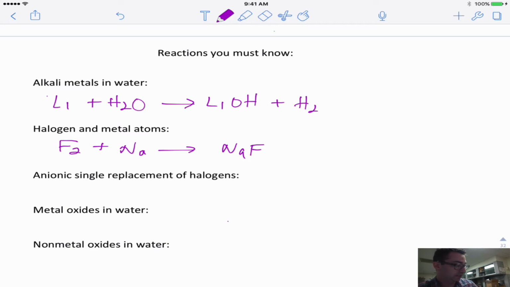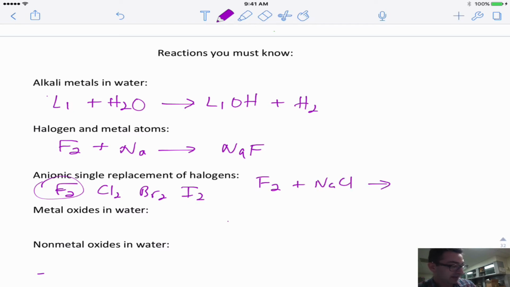Anionic single replacement of halogens. So the halogens, we have F2, we have Cl2, we have Br2, and we have I2. And so what happens is the F is the most reactive out of all of them. So if I put F2 with any of these, if I put F2 with something like NaCl, well, the F2 is reactive enough to replace the Cl, and we'll get NaF plus Cl2.